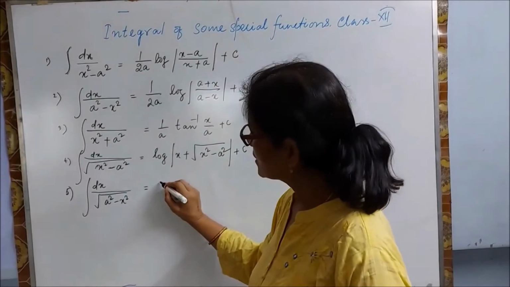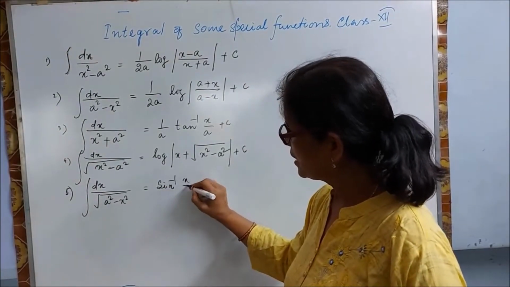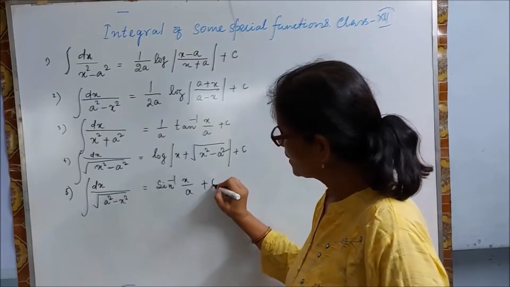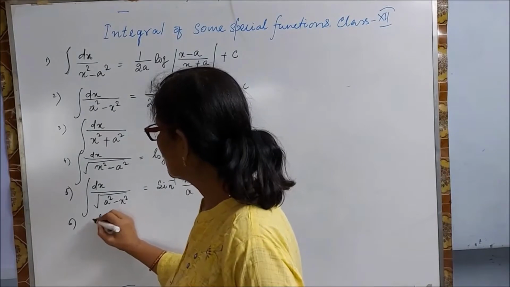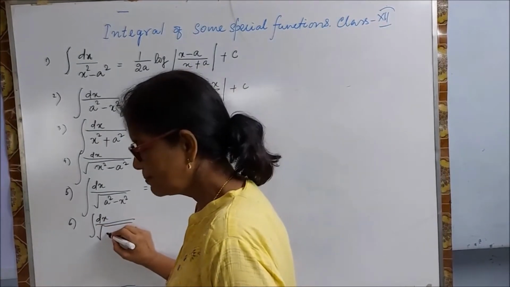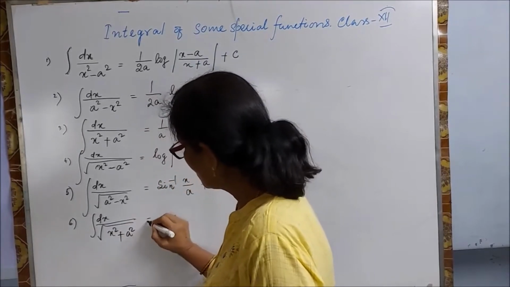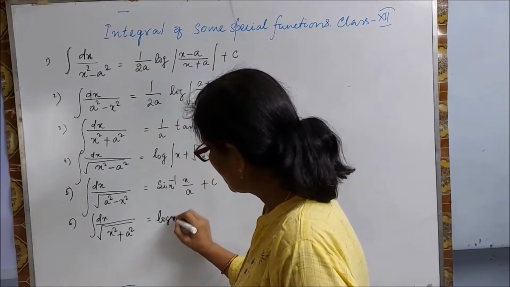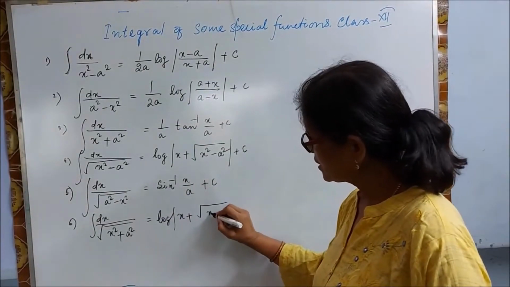This will be sine inverse x by a plus c. And 6, the last one, is dx by the square root of x square plus a square. This is equal to log of x plus the square root of x square plus a square.